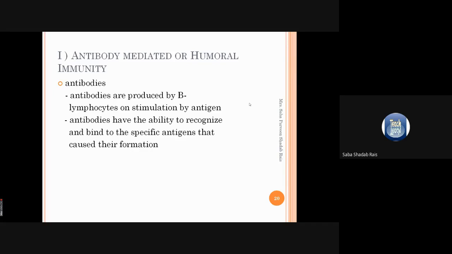The fourth property of antibody is complement activation. Complement activation means punching holes into the cell wall of the bacteria. Especially this particular type of immune response is available for handling bacteria. So what does it do?